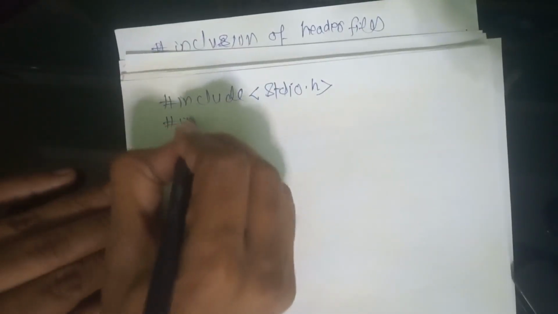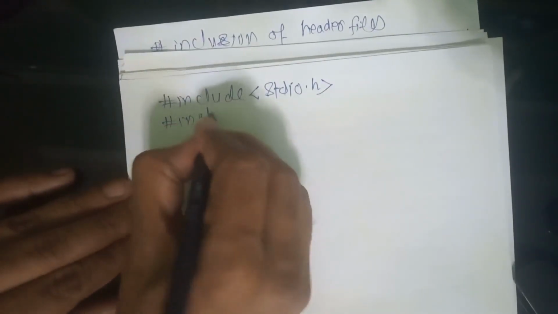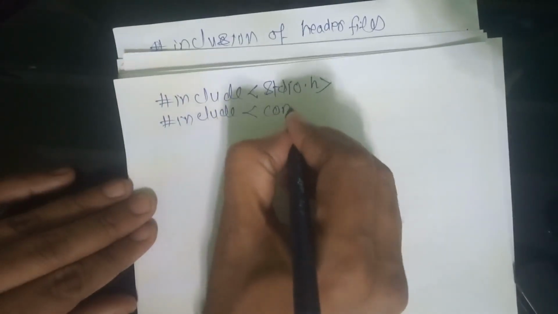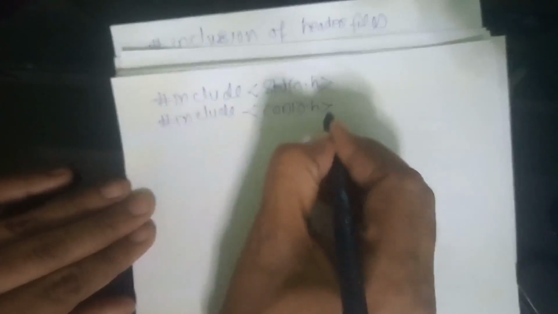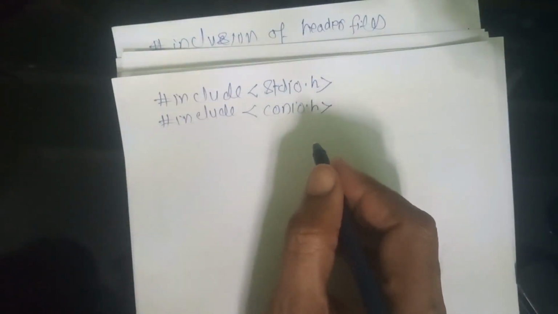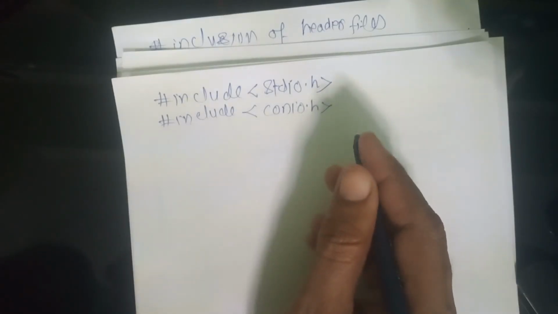Next we can include conio.h if you are using the getch method. Also the getch method is not required if you are using a command prompt based compiler.